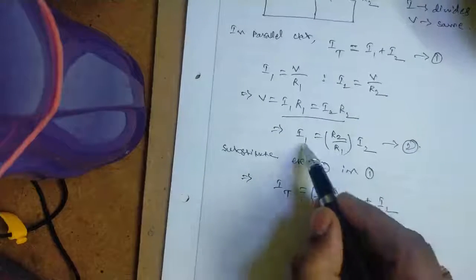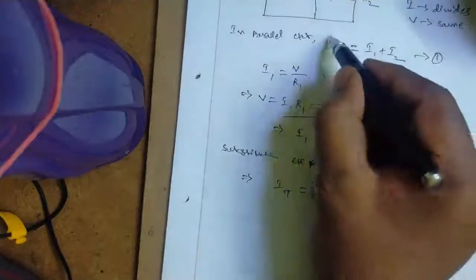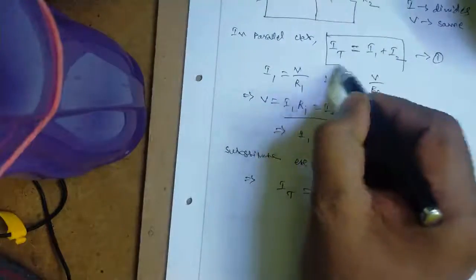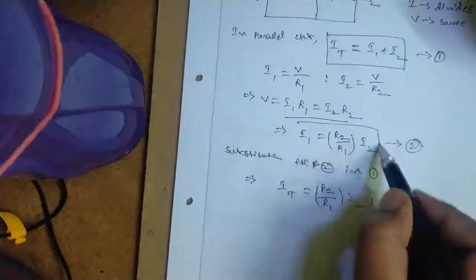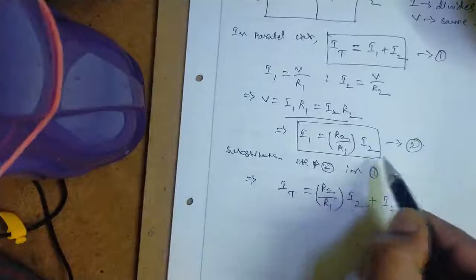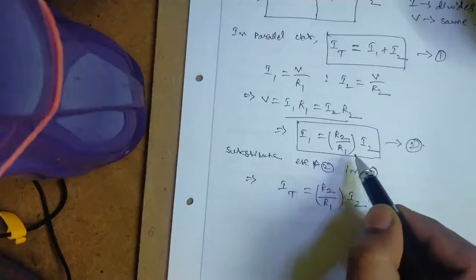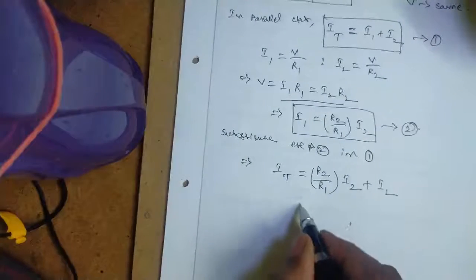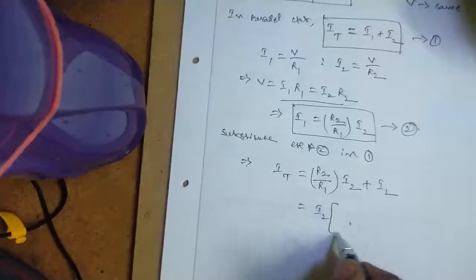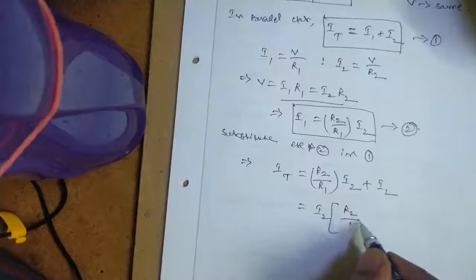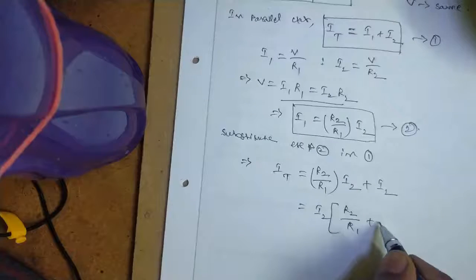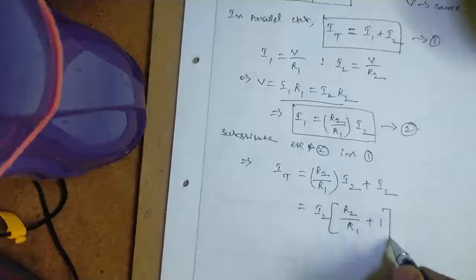Okay, in place of I1 here in expression 1, we write I1 is equal to R2 by R1 into I2. Here I2, let's take it as common, then we get R2 by R1 plus 1.